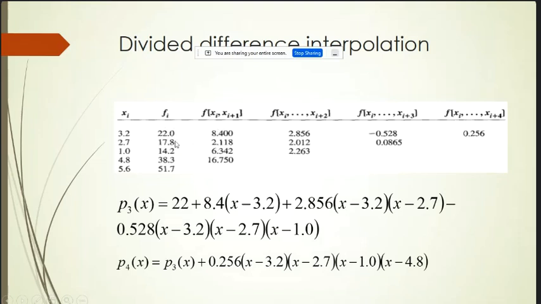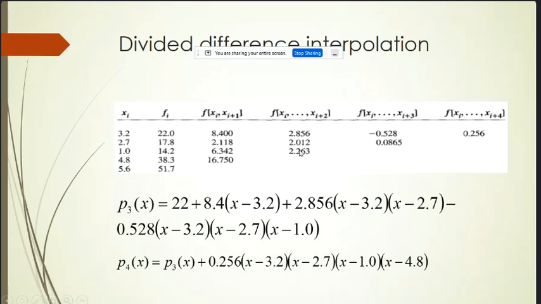By dividing the difference between 22 minus 17.8 by the difference between 3.2 and 2.7, we get 8.400 as the first divided difference between these 2 points. The divided difference between the second pair of points is computed very easily as 2.11, 6.34, and 16.75.